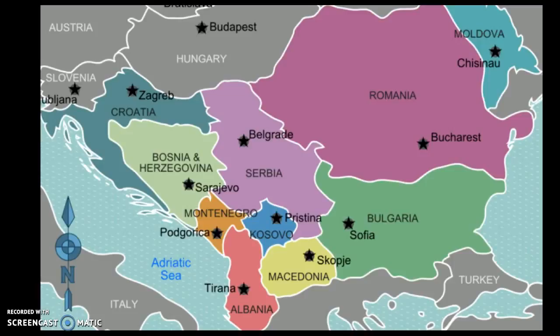In other words, citizens of the new states will identify themselves as speakers of Bosnian, Serbian, and Croatian, Slovenian, and Montenegrin, depending on their ethnic or religious background.